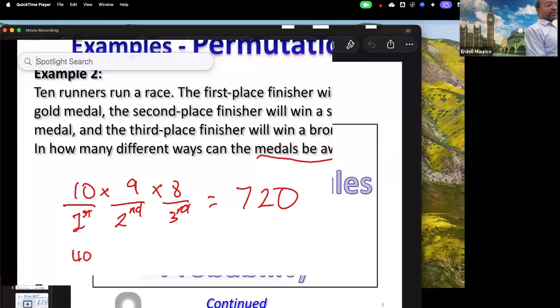It's going to be 400 times 399 times 398 times 397 times 396. That's the number of different ways that they can select 5 people. Questions there?